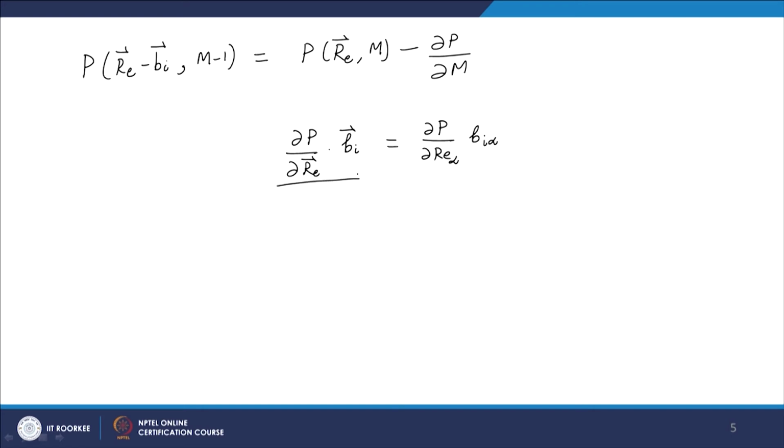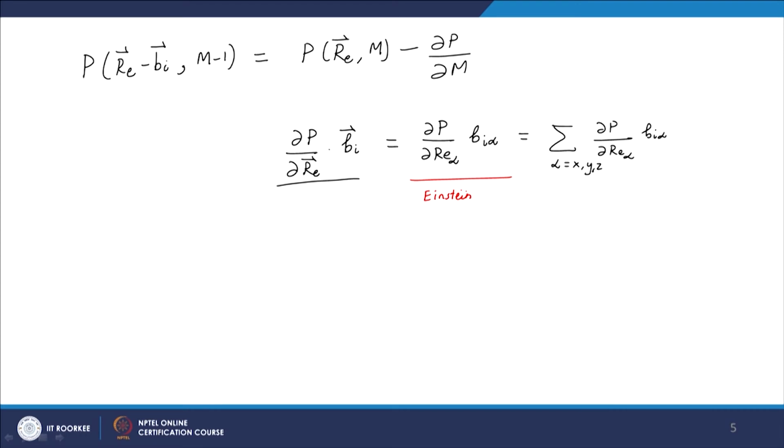Of course, this means a sum of this particular quantity, but we are not writing the sum here. This is the Einstein notation.